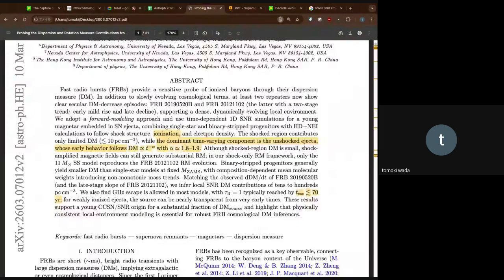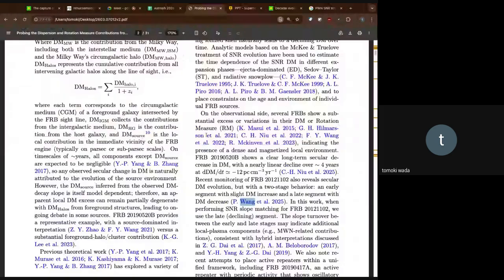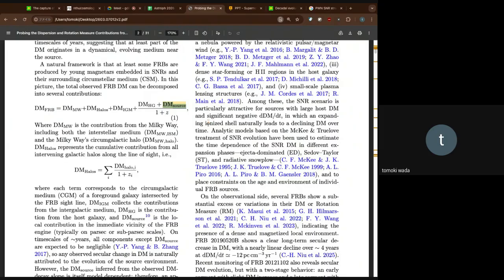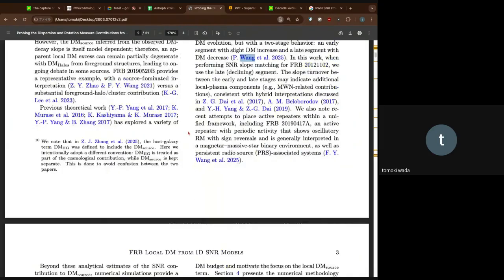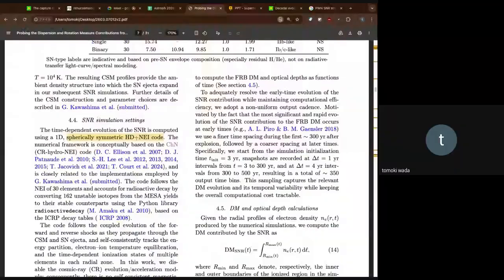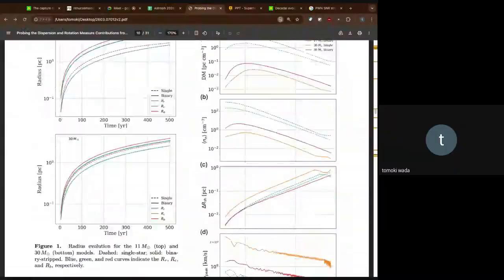Okay, let's go to the details. From observation, we can measure the dispersion measure of FRBs, and the dispersion measure is decomposed like this. What they focus on is the source of the dispersion measure.